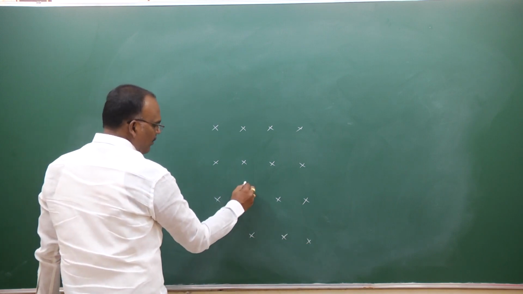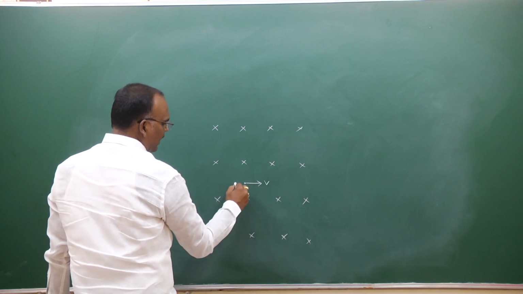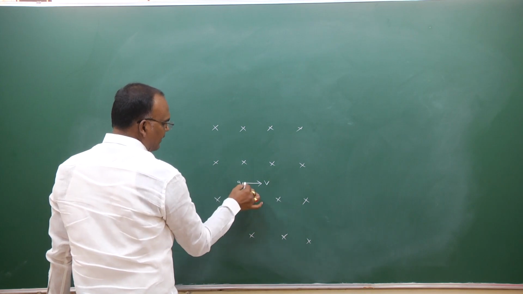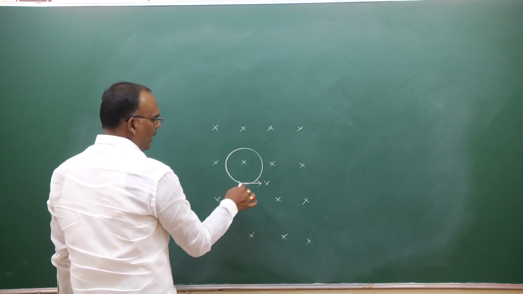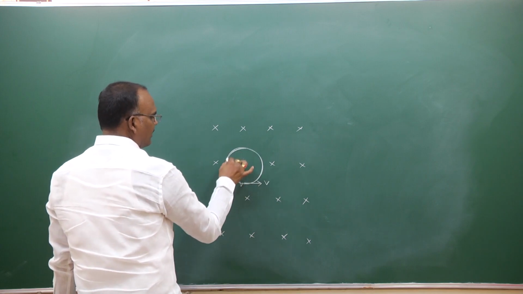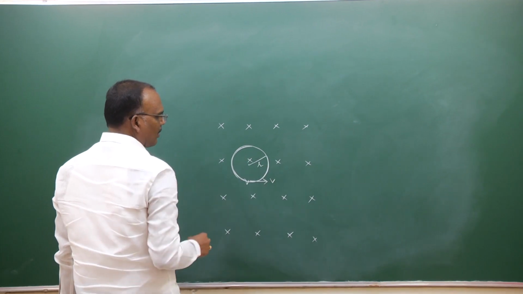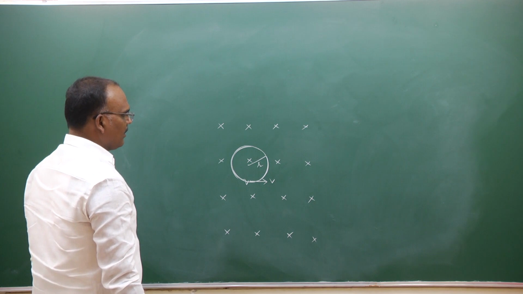When a charged particle is thrown inside the magnetic field at an angle of 90 degrees, it revolves in a circular path. When it revolves in a circular path, its radius is constant. Kinetic energy is constant. These are all we have discussed.